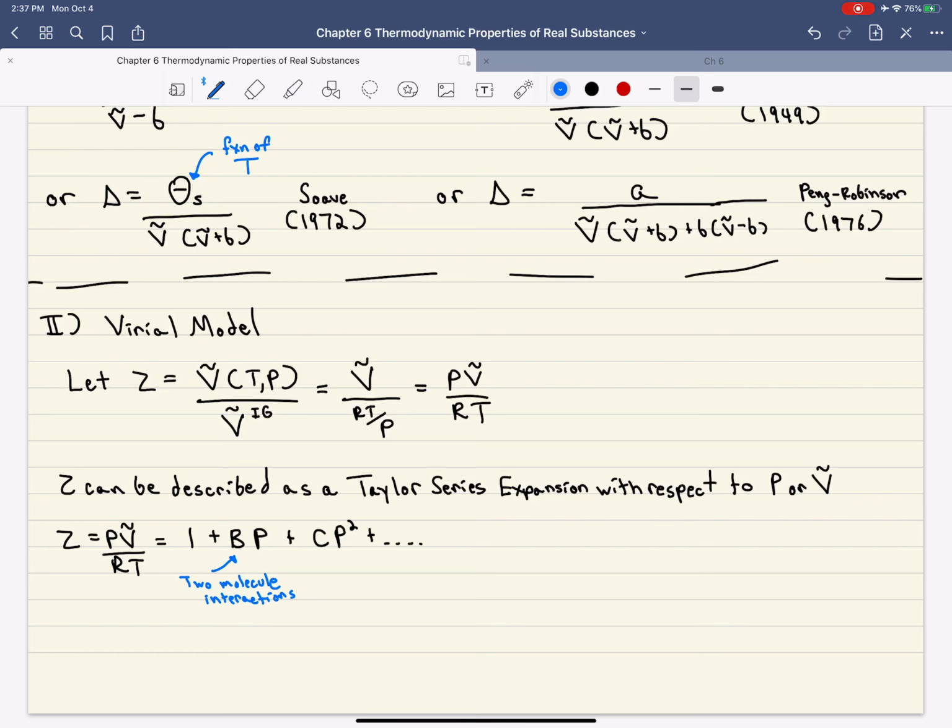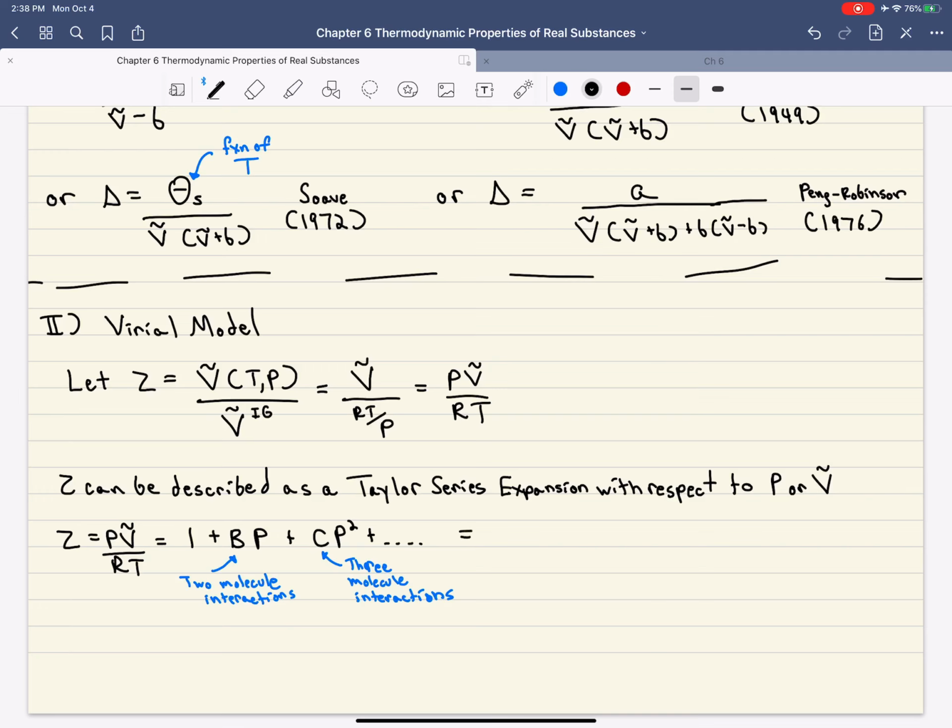That's why those interactions are multiplied by pressure, because as you increase pressure, that increases the likelihood that two molecules will interact. Similarly, the C parameter here describes 3 molecule interactions. And all the higher order terms would just go on to describe 4 molecule interactions, 5 molecule interactions, and so forth. So that's all the virial equation is describing.